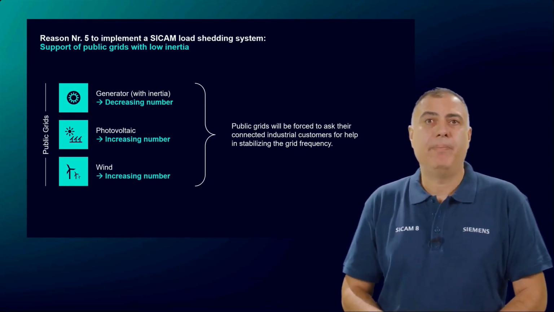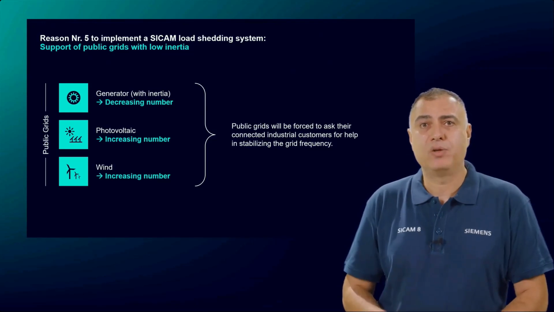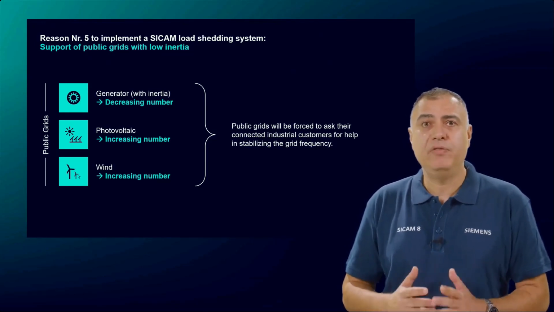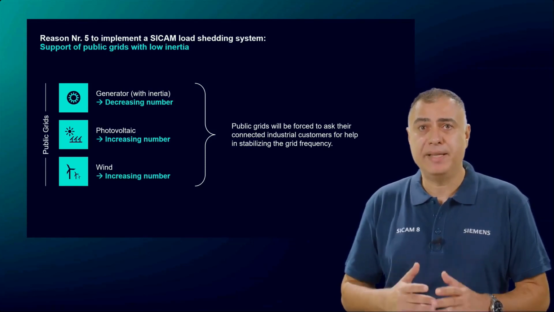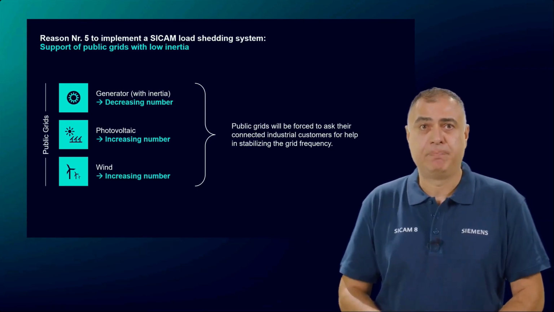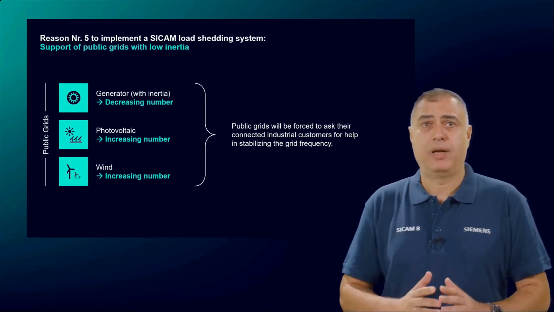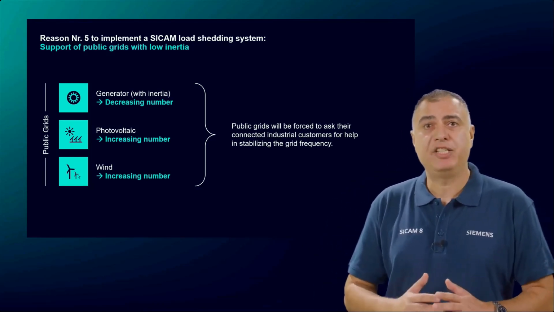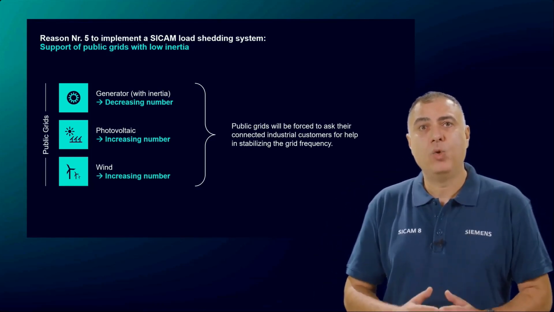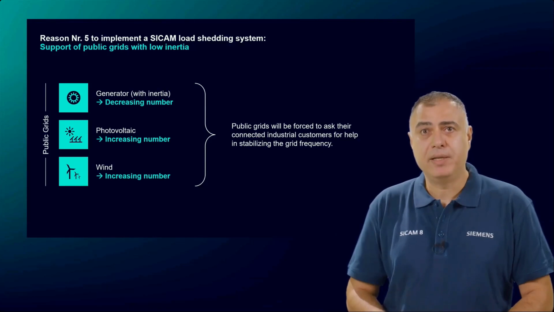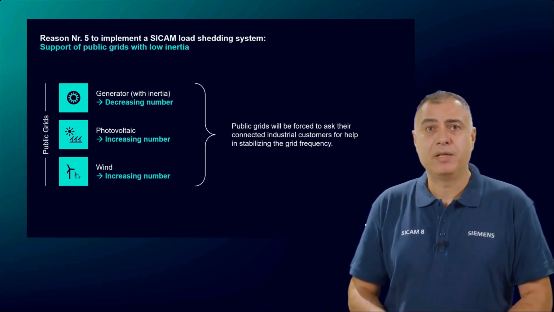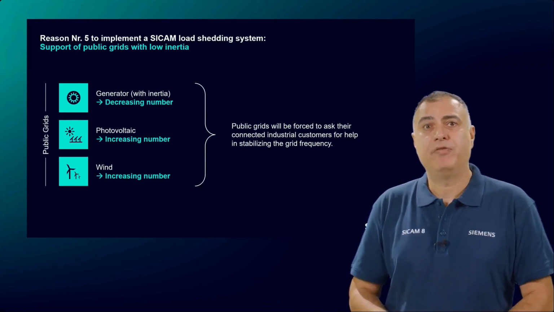This fact may force operators of public grids to motivate industrial customers to help in stabilizing the grid frequency. Such a motivation can be achieved by offering lower tariff models. The installation of a load shedding system in the industrial plant enables compliance with such possible tariff models.